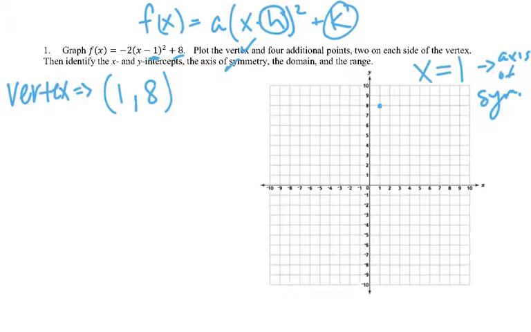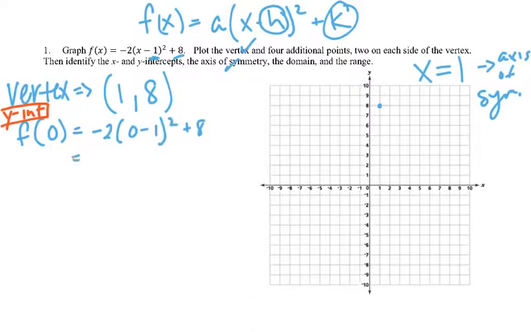So just remember, in order to find the y-intercept, we evaluate f of 0. So this is to get our y-intercept. Okay, so we just replace our x's with zeros in the function. So it's negative 2 times 0 minus 1 squared plus 8, which is equal to negative 2 times negative 1 squared plus 8.